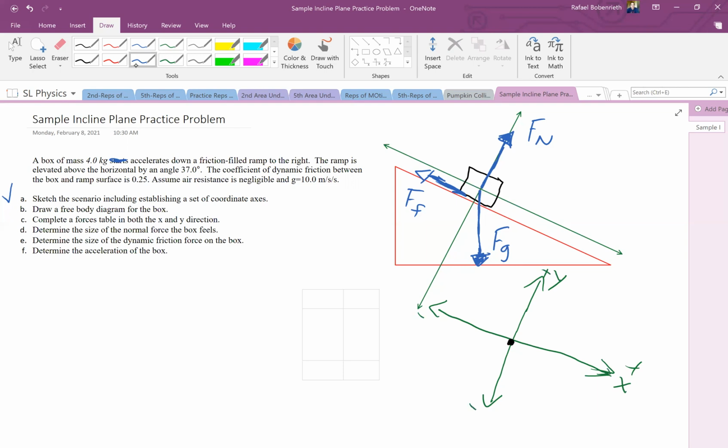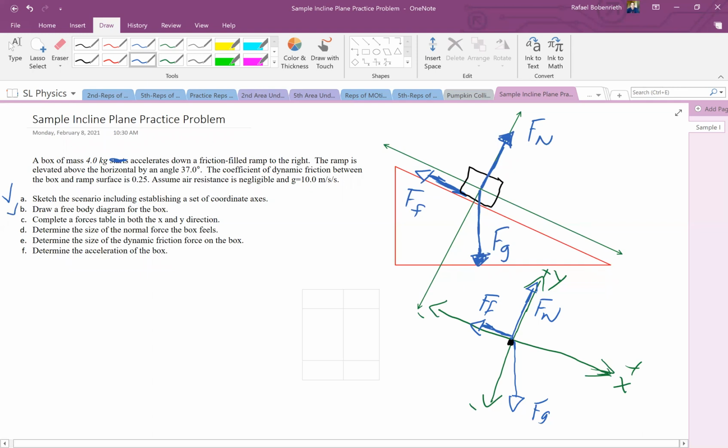Then my forces are going to be the force of gravity coming down like this. Got the normal force coming up like so. And we've got the force of friction looking something like this, all coming from that particle. So we've drawn the free body diagram.